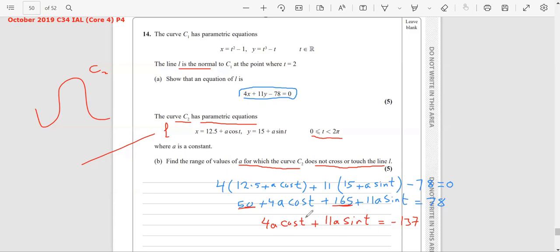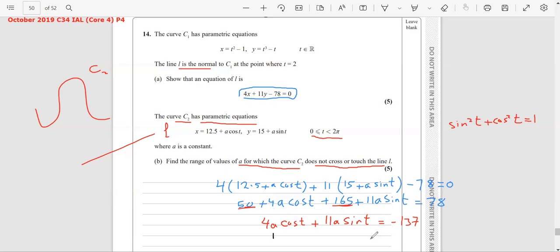So if I square this one, and this one, and this one, why shall I square them? Because I'm going to work on the identity sine squared t added to cosine squared t gives 1. Whenever you are working with parametric equations and you have trigonometric ratios, you will try to relate them by any of the trigonometric identities you have studied in pure math 2 or pure math 3. So I'm going to square this, this, and this.